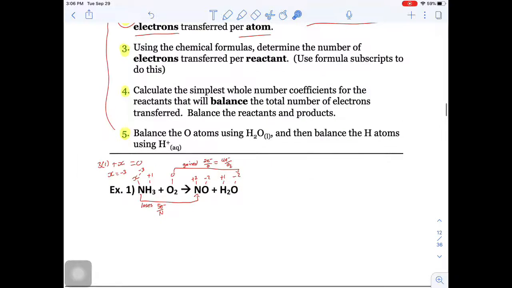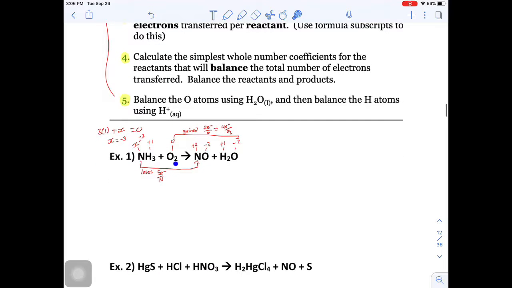Okay, now we're going to go to step number 3. We're going to determine the number of electrons transferred per reactant. That's what we did there. We decided, okay, this reactant has 2 oxygens, so that's the amount of electrons transferred per that oxygen.